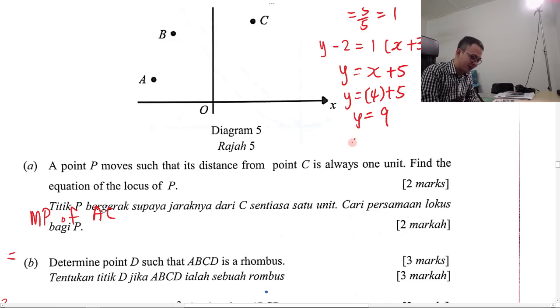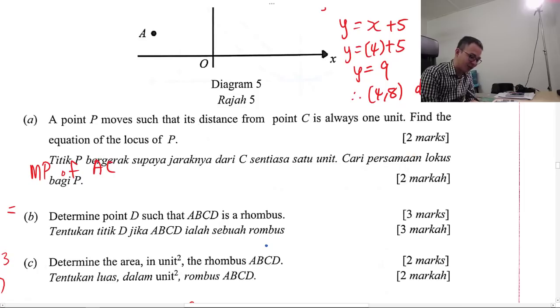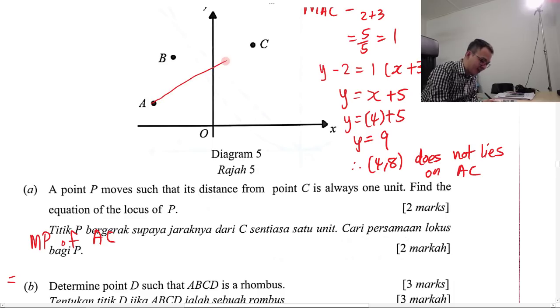That means the point (4, 8) does not pass through AC, or does not lie on AC. If I have AC here and I substitute 4, I get 9. That means if I plot 4, 9, the point will be slightly above here. Sorry, for 4, I should get 9, right?